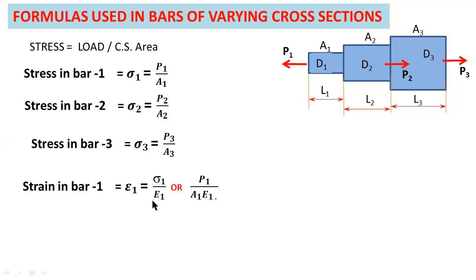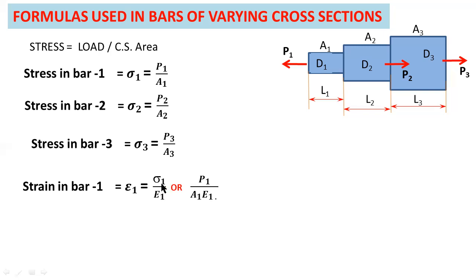Capital E is the Young's modulus, sigma is the stress, and epsilon is the symbol of strain. There are no units for strain, because stress and Young's modulus are both in the same dimension.